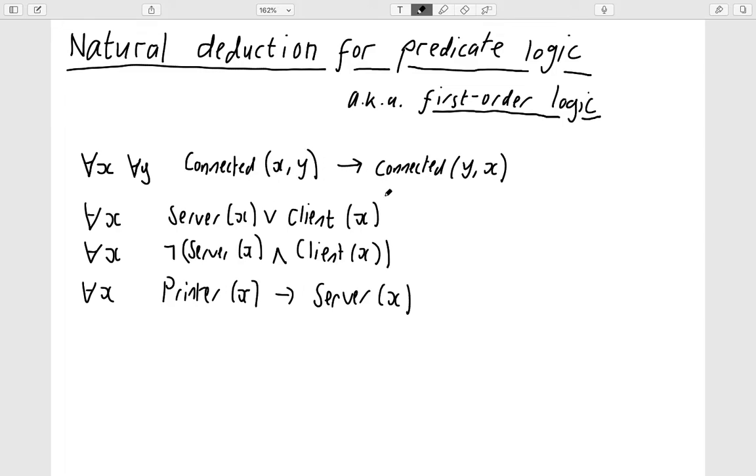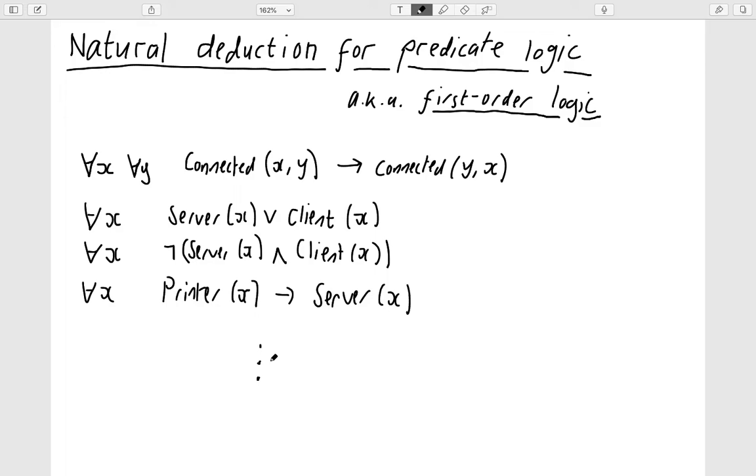So in the end we're stating a property that's either true or false, and the role of these formulas is kind of to act as axioms, saying that in any of the client-server models that we have in mind, these properties should hold. One might also have something like file server here and so on. Let me just put some dots down here to say one might extend this model.